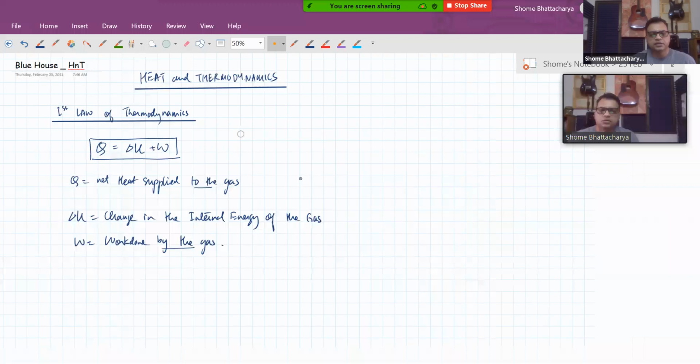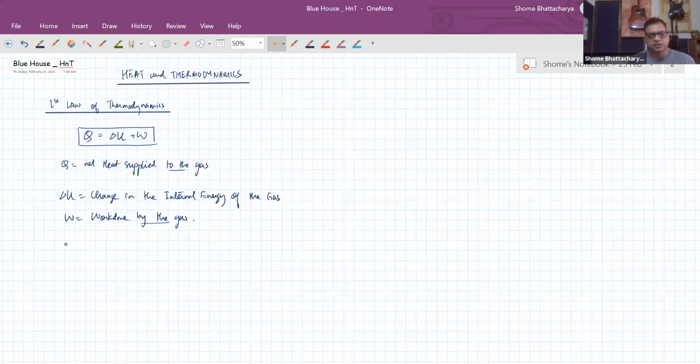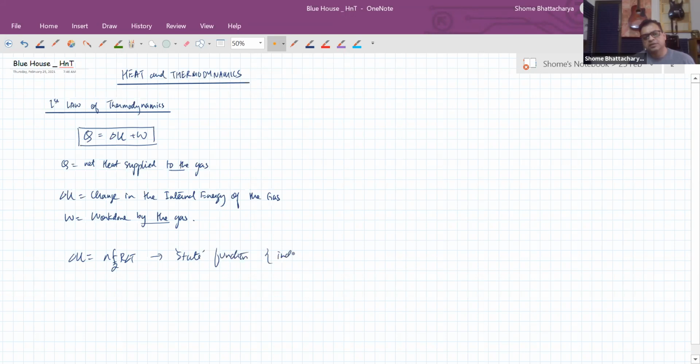Okay, so last week when we were looking at this relation and its applications, we had seen that delta U is equal to nF by 2 R delta T. And it is therefore what we call a state function. That is, it is independent of path.